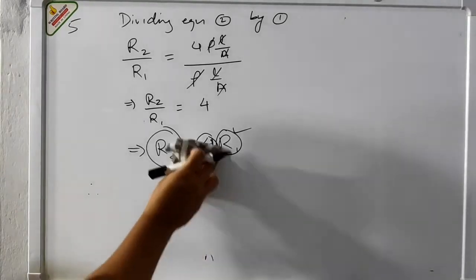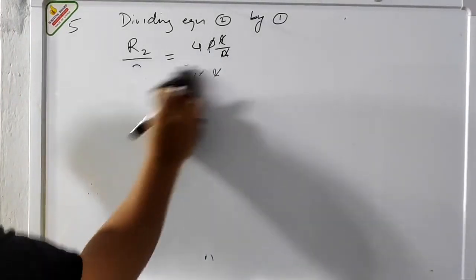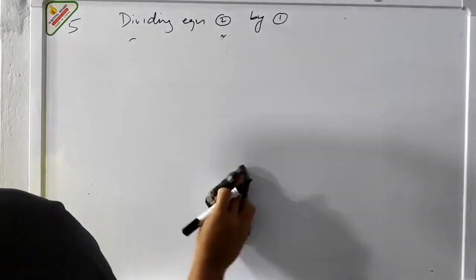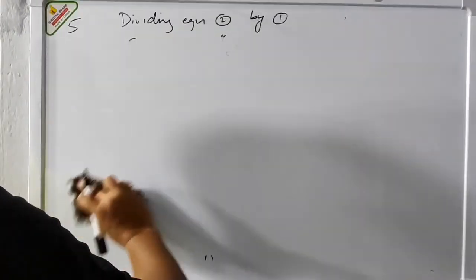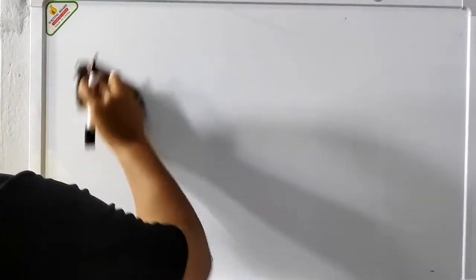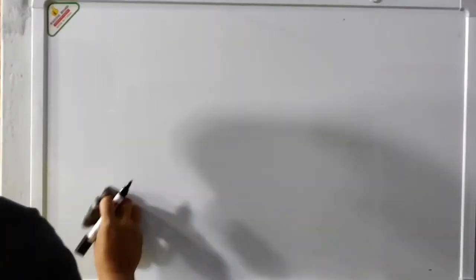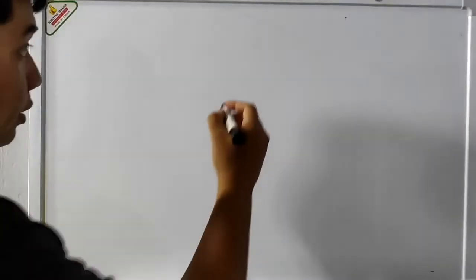Then what else? Question number 6. In question number 6, the potential difference between the terminals of an electric heater is 60 volt, when it draws a current of 4 ampere from the source. What current will the heater draw if the potential difference is increased to 120 volt?